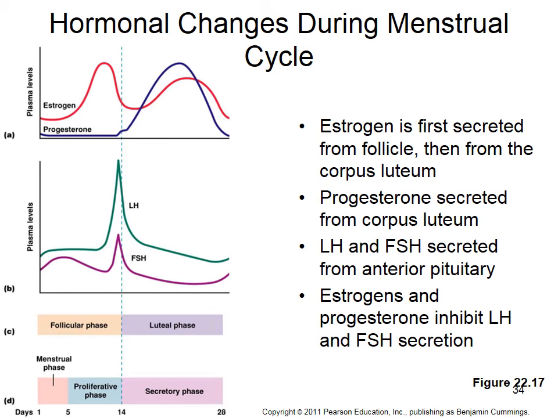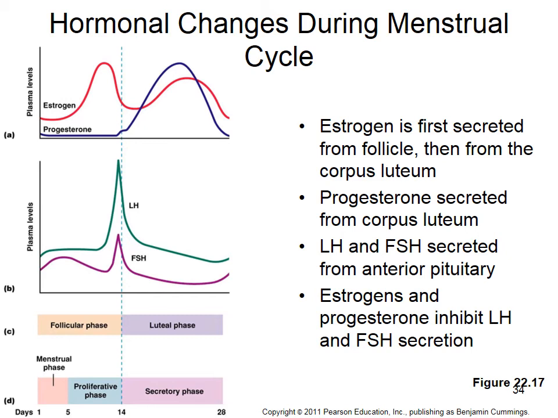Very little progesterone is being produced. Those developing follicles produce estrogen only. Then in the luteal phase, which is dominated by that corpus luteum, you get both estrogen and progesterone production. It's estrogen only that causes the proliferative phase, and it's estrogen plus progesterone that causes the secretory phase.